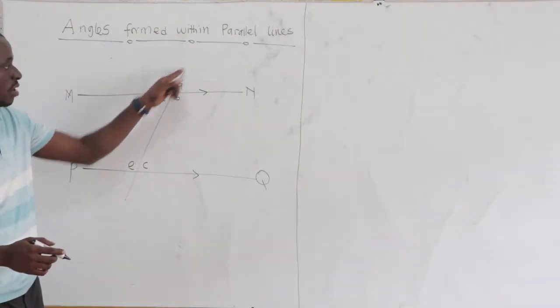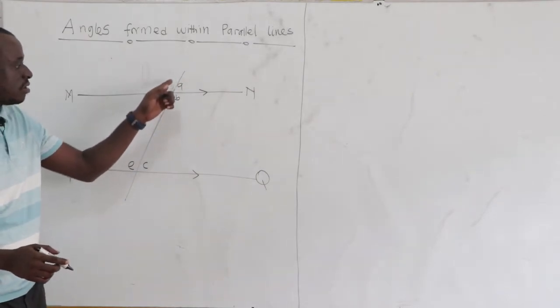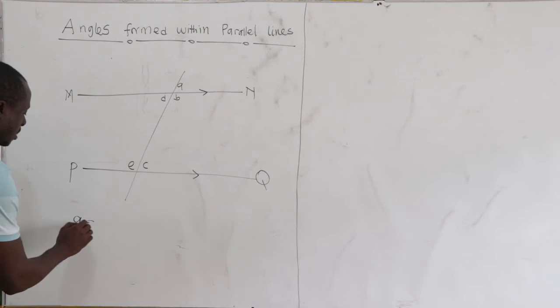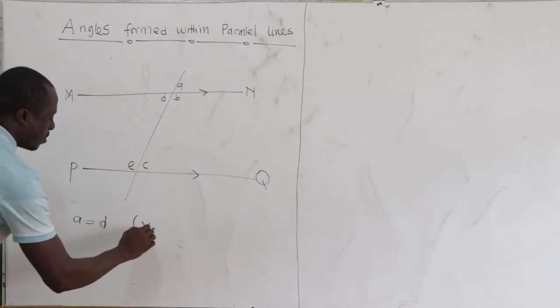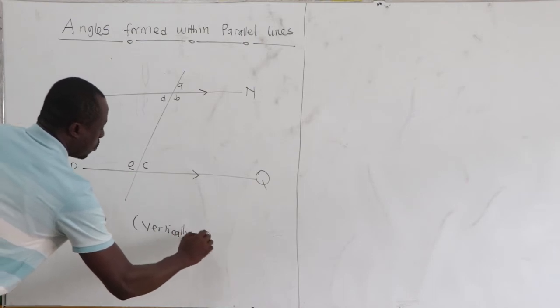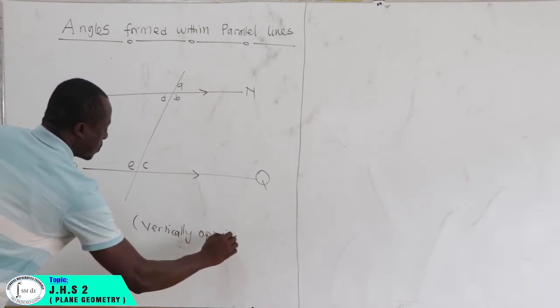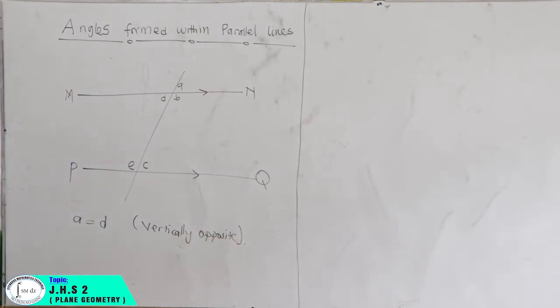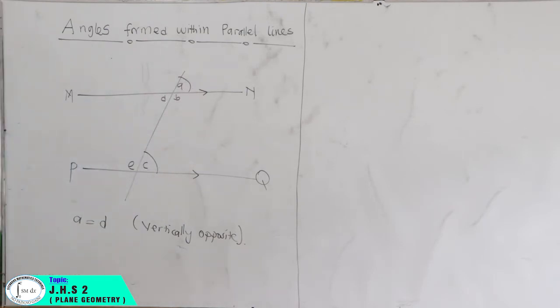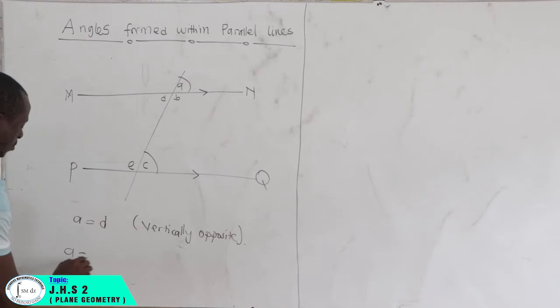Angle D. We have a straight line, another straight line, so it forms vertically opposite angles. So we say angle A is equal to D, and the reason: vertically opposite angles are equal.